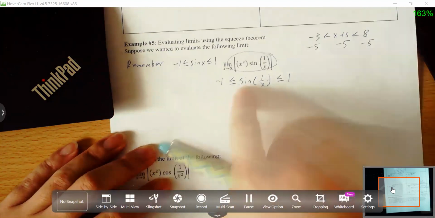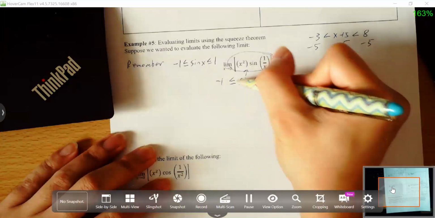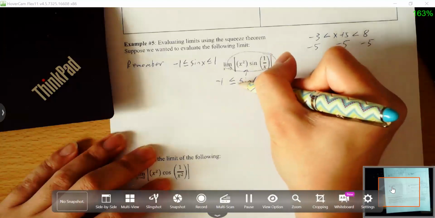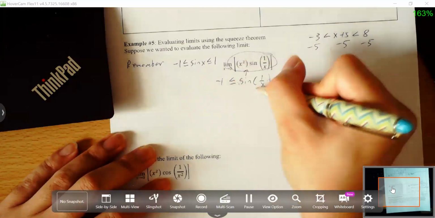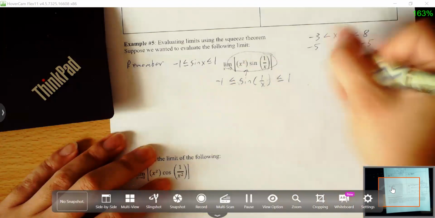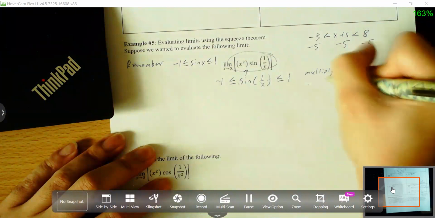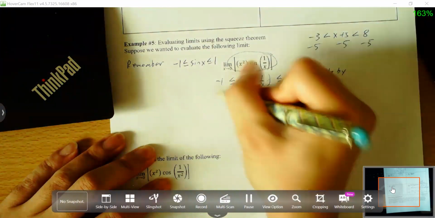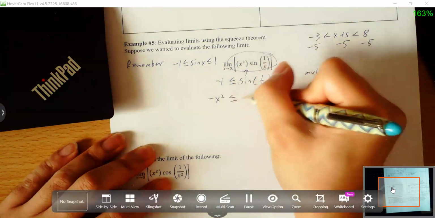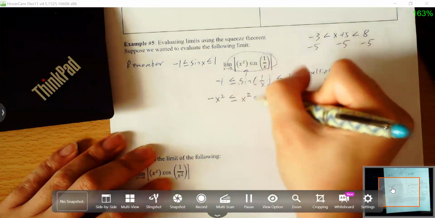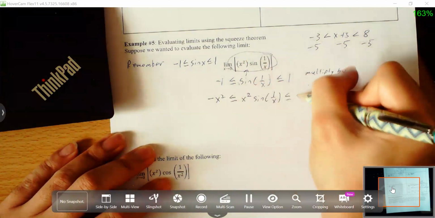So same thing here. If I'm going to multiply this middle one to look like this, I'm going to put an x squared right here. But if you do that, you have to multiply everything by x squared. So this is going to become negative x squared less than or equal to x squared sine of 1 over x less than or equal to x squared.